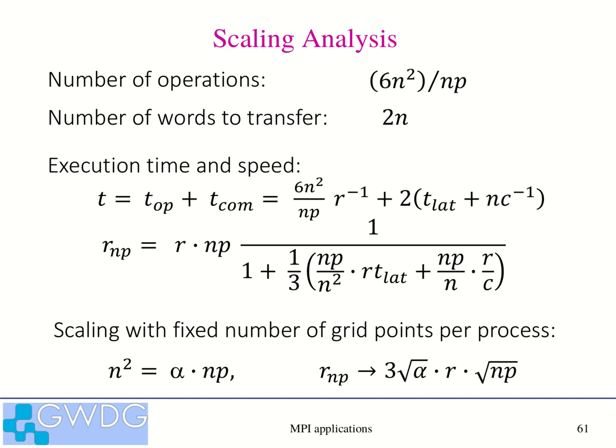But in this algorithm, the gain is only proportional to the square root of NP. That is fine if you want to deal with really large domains, but it's not reasonable to use too large a number of processes for a fixed number of grid points. You cannot increase the number of processes as you would like. So this tells you that this algorithm is not optimal.